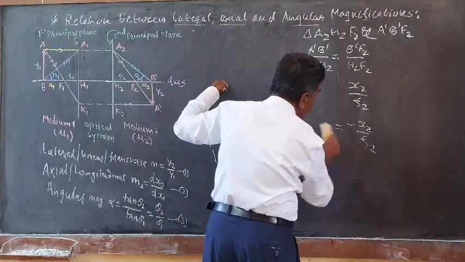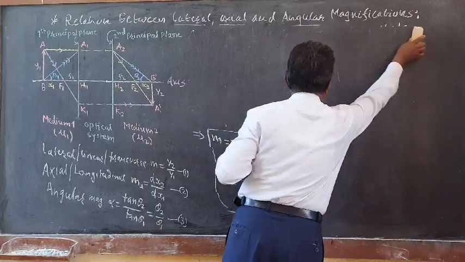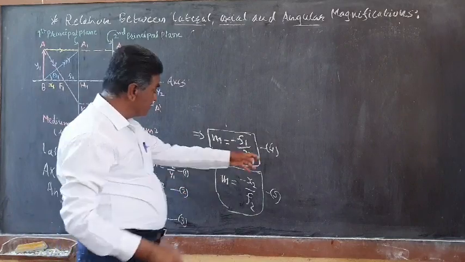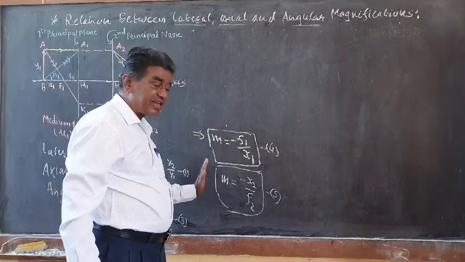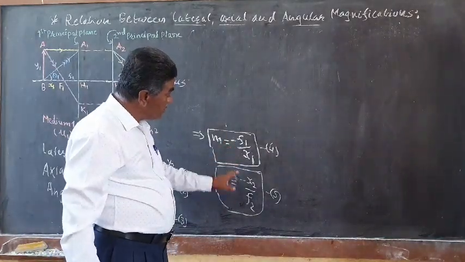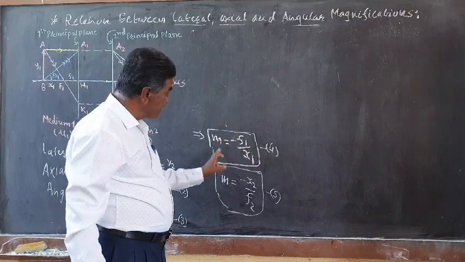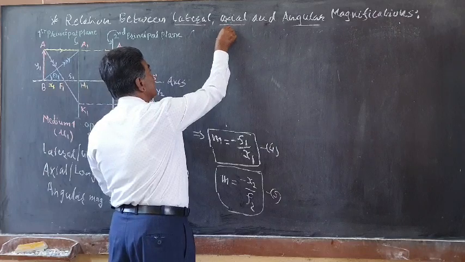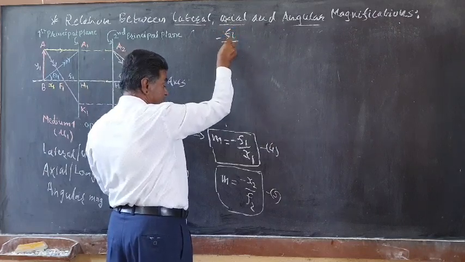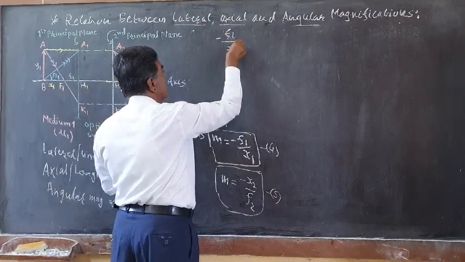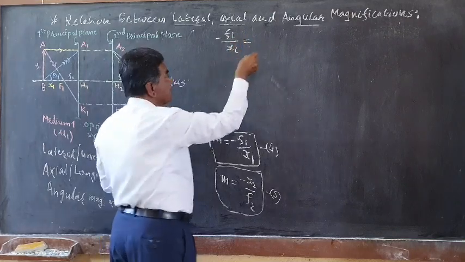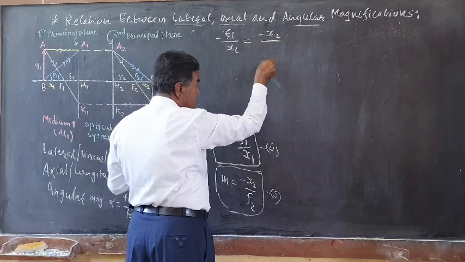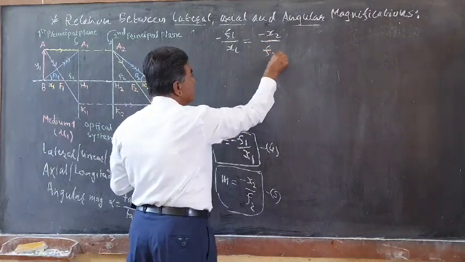Now from equations 4 and 5 we can write, since the LHS sides are equal and the RHS sides are equal, minus f1 divided by x1 will be equal to minus x2 divided by f2.